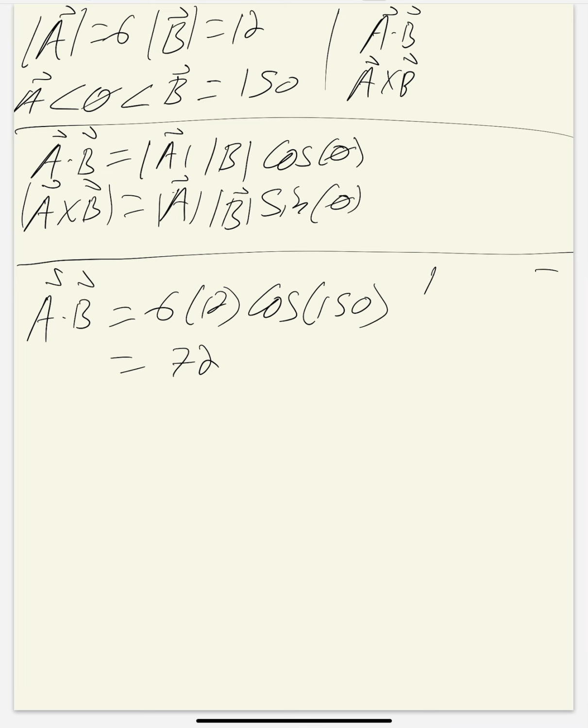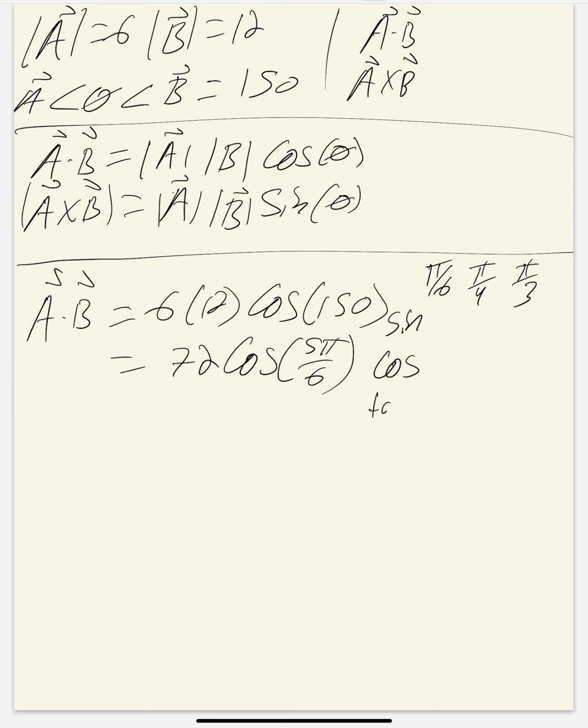Okay, so we know that this is cosine of 5 pi over 6. Now, we just have to figure out what cosine 5 pi over 6 is, which if you forgot your trig unit circle stuff, there's a little chart that I was taught, which is to set up pi over 6, pi over 4, pi over 3, and then set up sine, cosine, and then tangent down here.